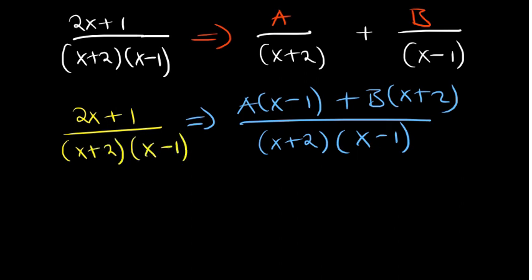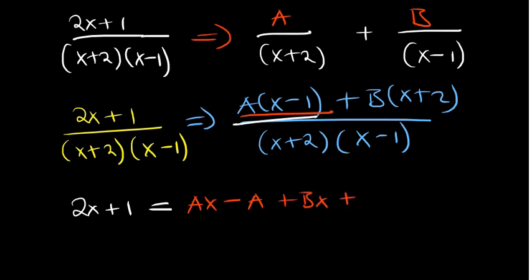At this point the denominators are equal, so we can equate the numerators. For the numerator we have 2x plus 1 equal to, let's distribute: a times x is ax minus a, and for the other part it's bx plus 2b.